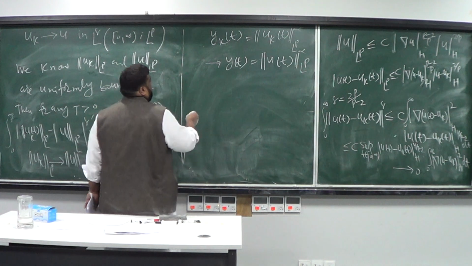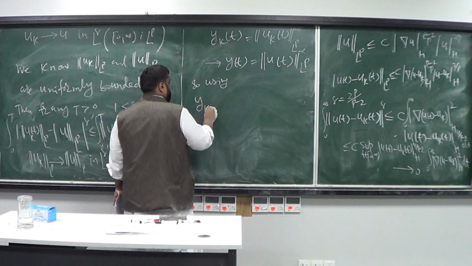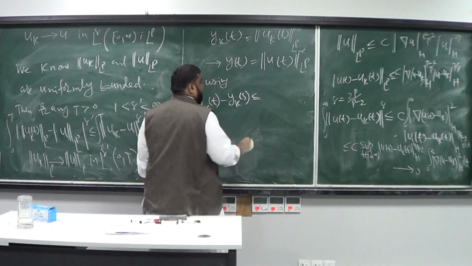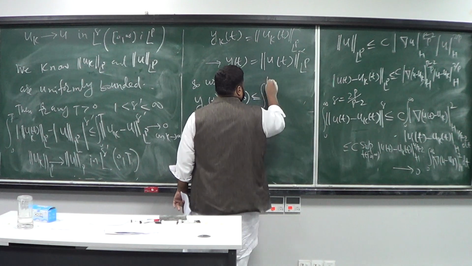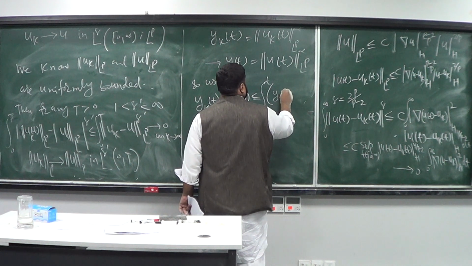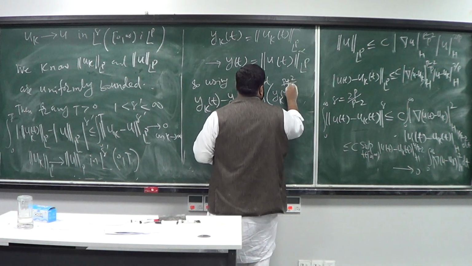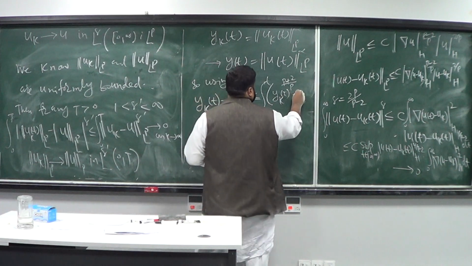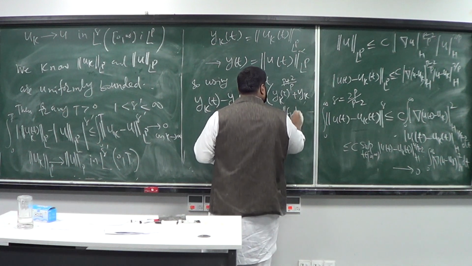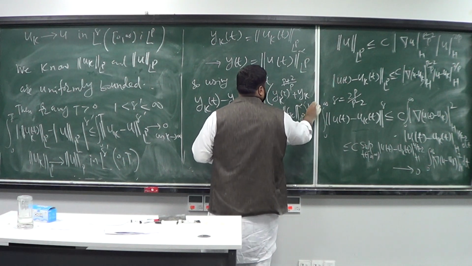And now, using the inequality that we showed, Y_k of t minus Y_k of s can be estimated by the integral from s to t of Y_k of tau raised to (p+2)/p plus the norm of F in L^p raised to alpha, d tau.